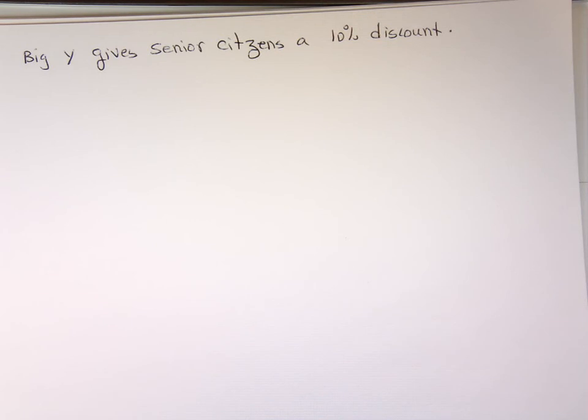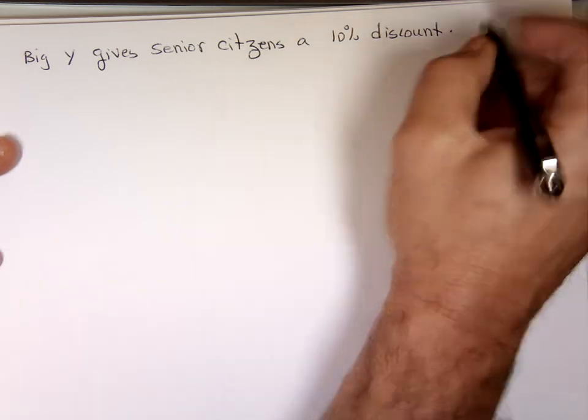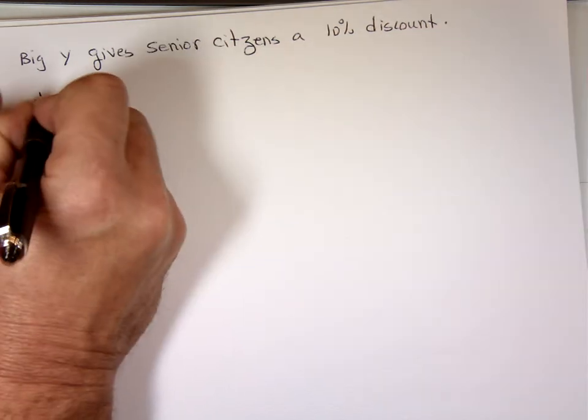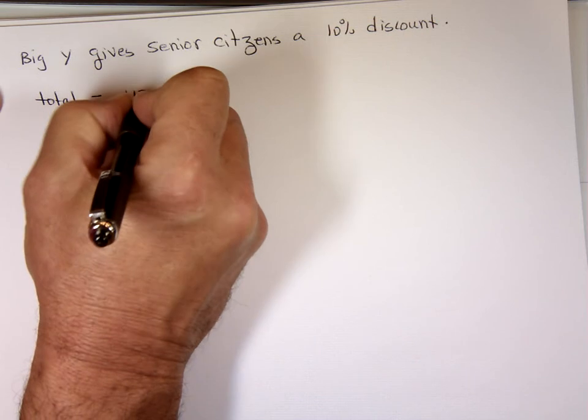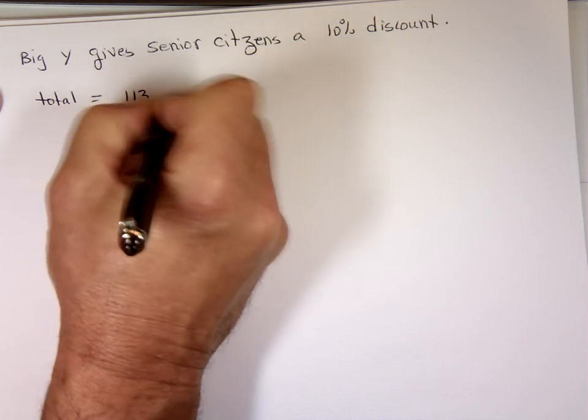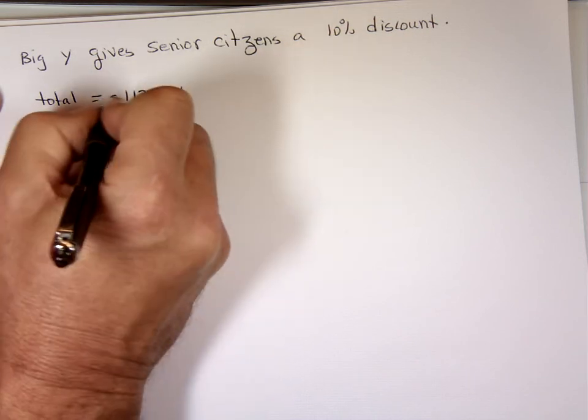So let's say I'm doing my shopping. I just happen to be in the 60s, so I get my discount. I'm shopping, and my bill comes out to be $113.64. I give them my card.